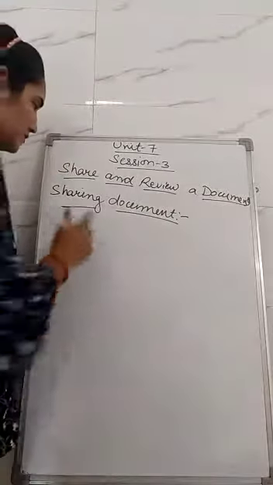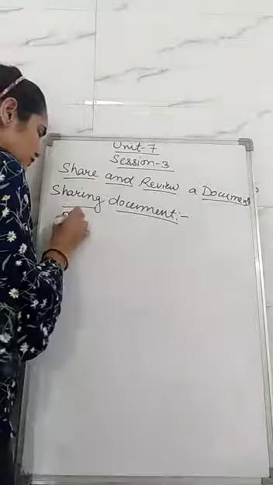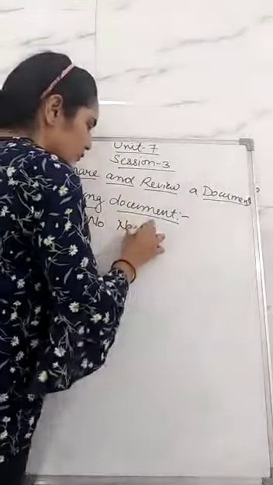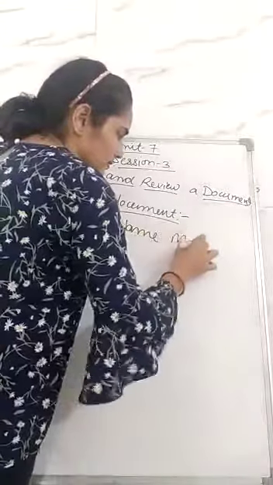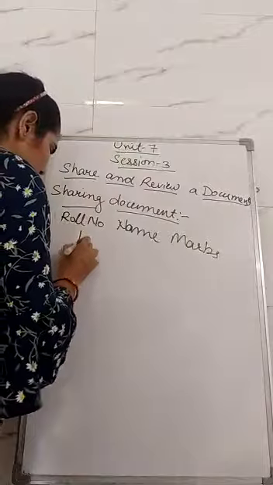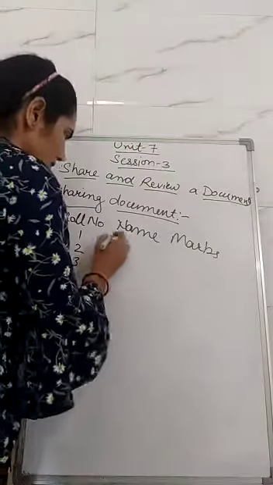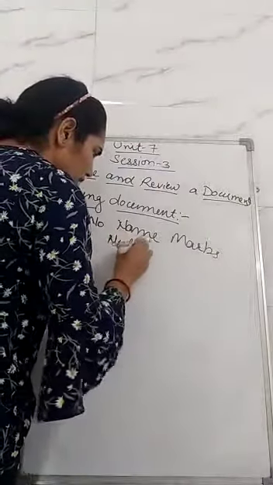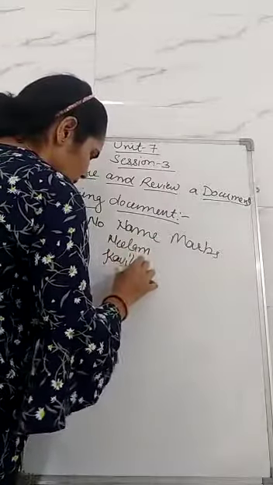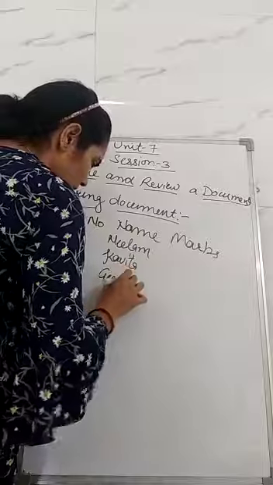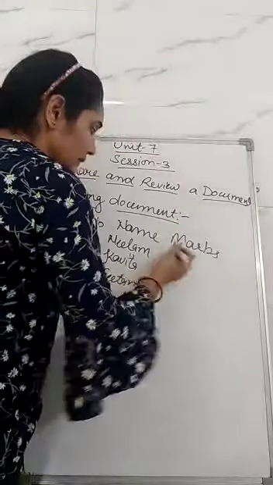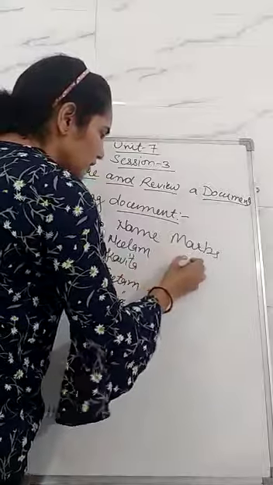Now the next point is insert comments. Suppose, my dear students, you make one table. The table has roll number, name and marks. Clear? And I am user 1, I make this table. Any name you can write down, and then you can write down the name and marks here.